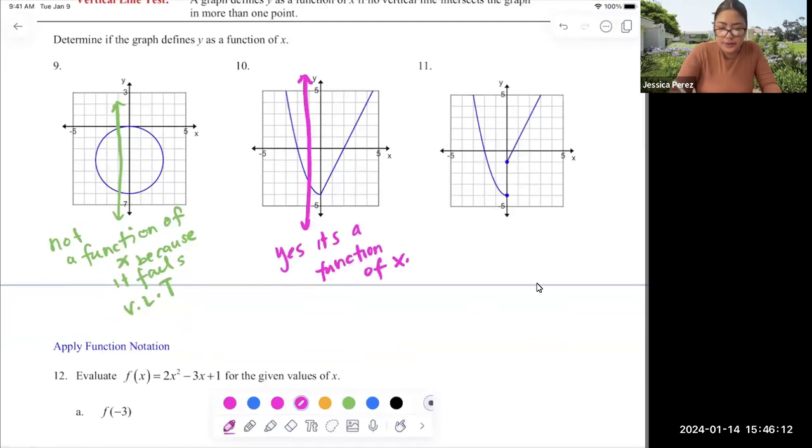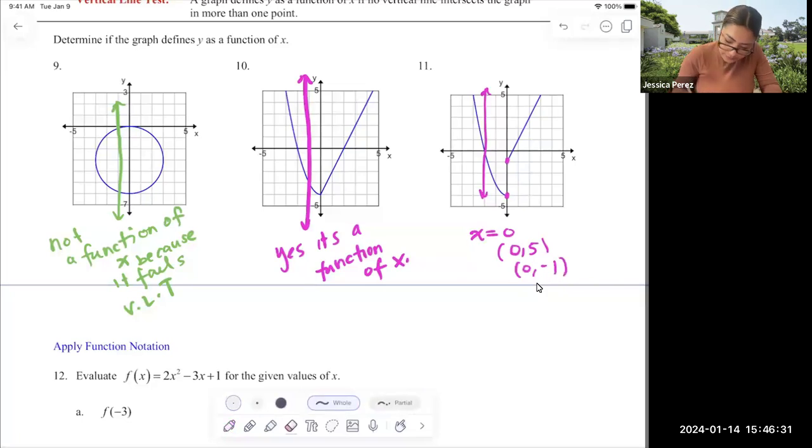Well, we know this is in pieces, so this is okay. But what about at this point? They're saying that at x being 0, you are both 0, 5, and then you're also 0, negative 1. Sorry, 0, negative 5, and 0, negative 1.